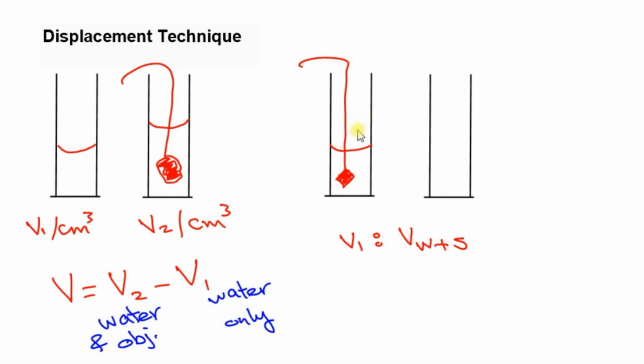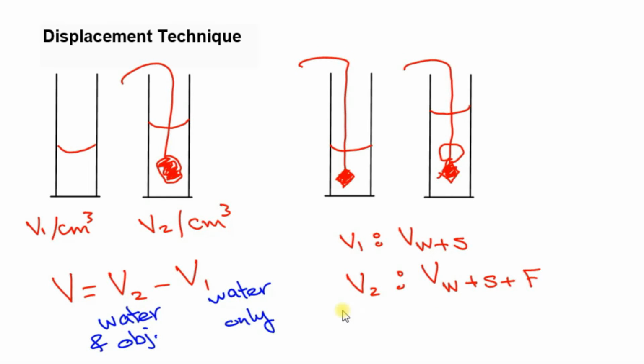When we tie the sinker around the floating object, say a piece of cork for example, the volume changes to V2. So V2 is the volume of the water plus the sinker plus the floating object. So the volume of the floating object will be equal to V2 minus V1.